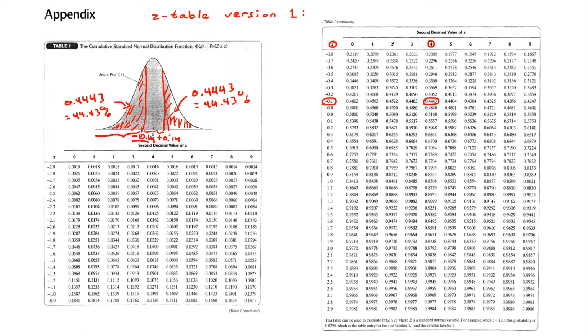If you would like the probability of getting a z value of more than plus 0.14 or less than negative 0.14, you just add up these two probabilities, which is 0.8886, which is 2 times 0.4443.